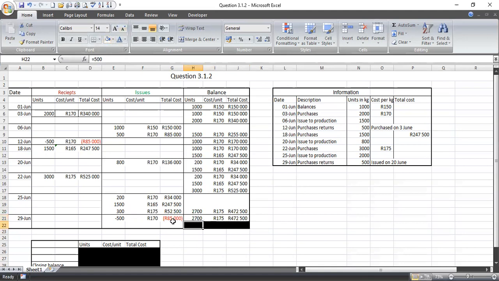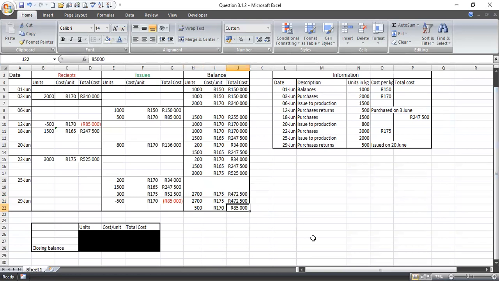And then from there, we're going to add these 500 units to our storeroom at a cost of 170 and at a total cost of 85,000. So since we have now recorded all of our transactions that took place during June, we can now calculate our closing balance.